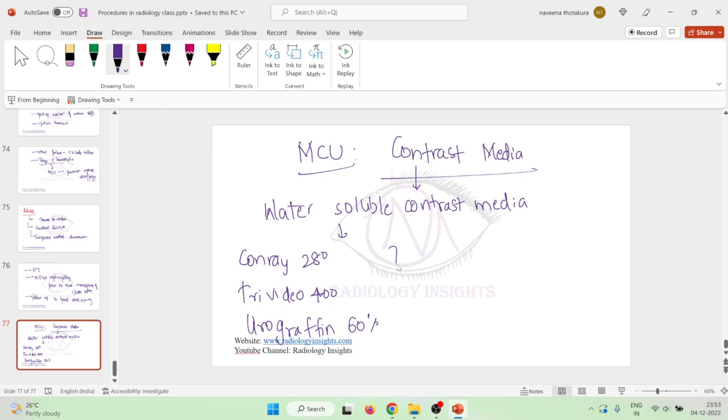All these are used in the ratio of contrast to normal saline of 1:3. So in micturating cystourethrography, these are used in a 1:3 ratio.